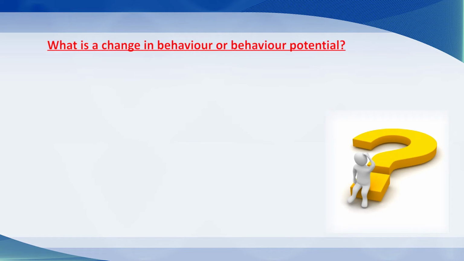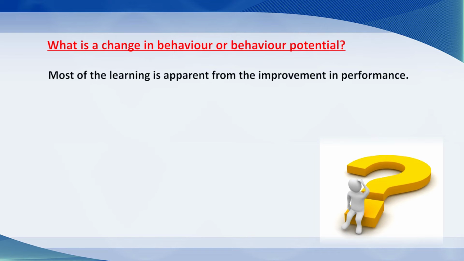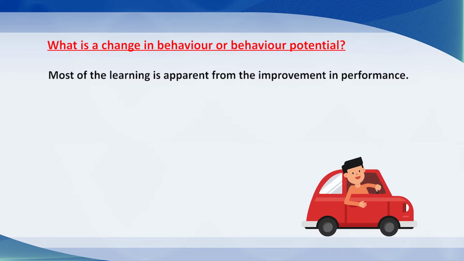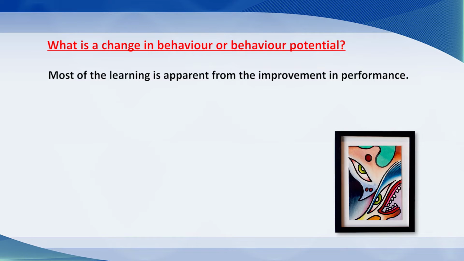And what is a change in behavior or behavior potential? Most of the learning is apparent from the improvement in performance. Example, driving a car. However, in many instances, performance may not show everything you have learned, as an improvement in performance cannot be measured. Example, appreciation of modern art.